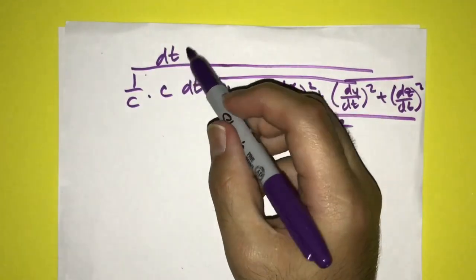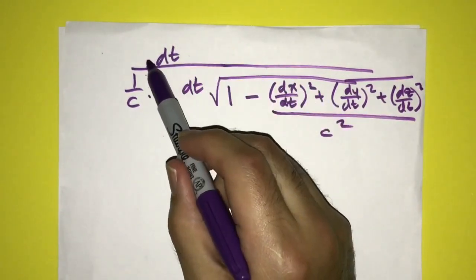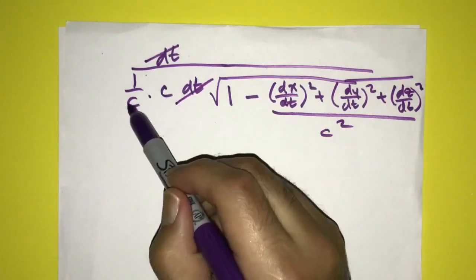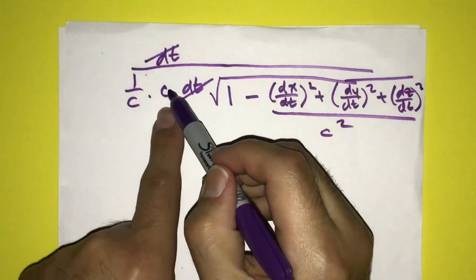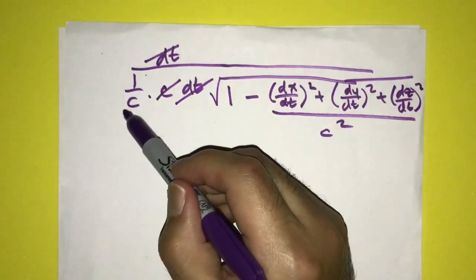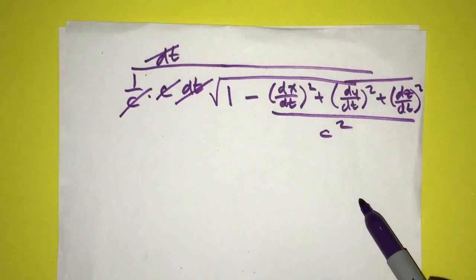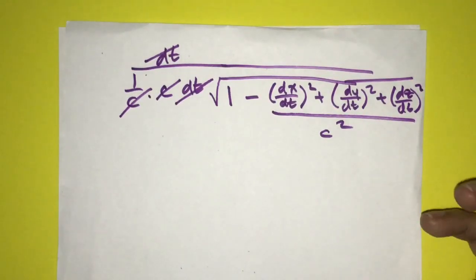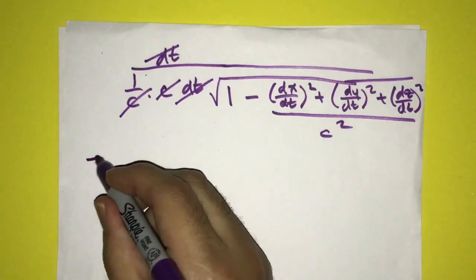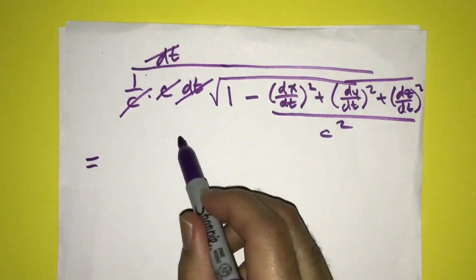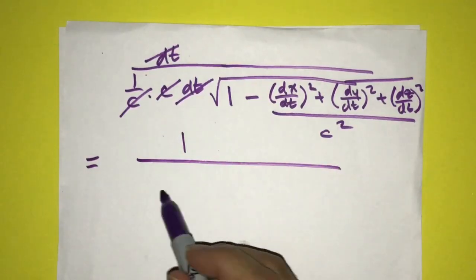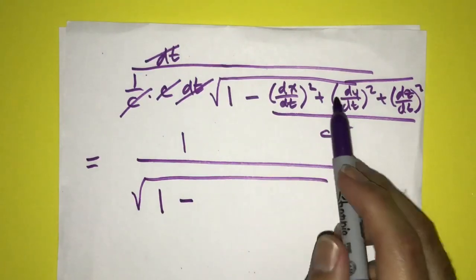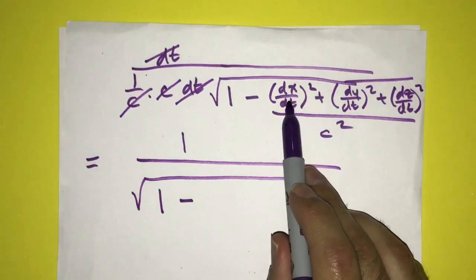Okay, so now we can go ahead and do a few cancellations right here. We have a dt here, a dt here, and we got a c and a c right here. So this c will cancel this c in the denominator right here. Okay. So now let's go ahead and rearrange what we have. So we got 1 and all this over the square root of 1 minus, let's go ahead and take a look at this.